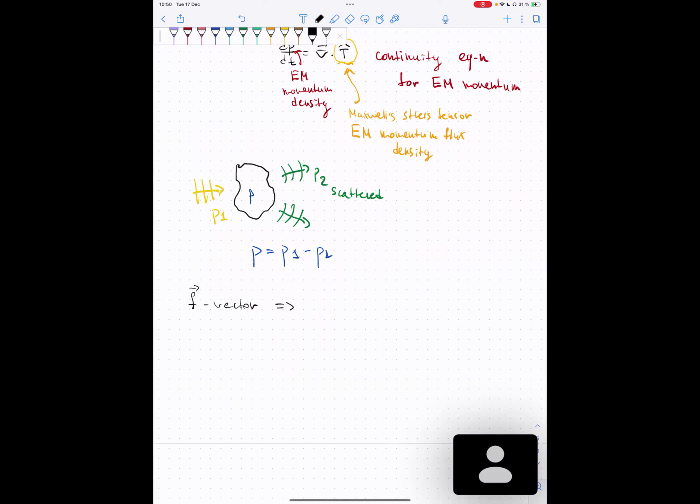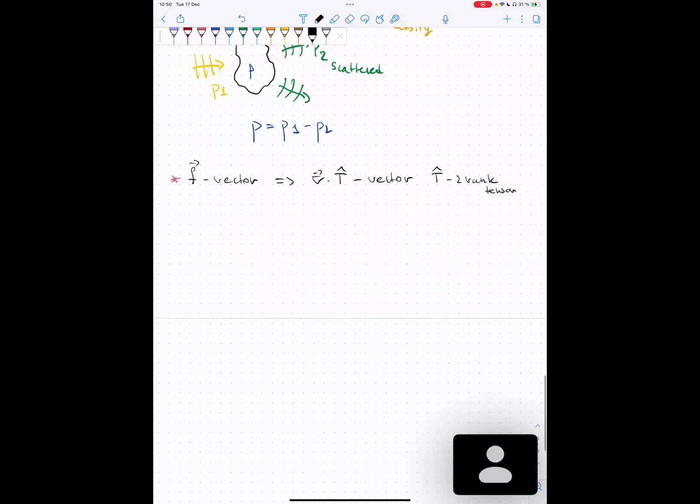This means that the divergence of the Maxwell stress tensor is also a vector. So the stress tensor is a second rank tensor. Just important to keep this in mind. So let me then derive this expression.